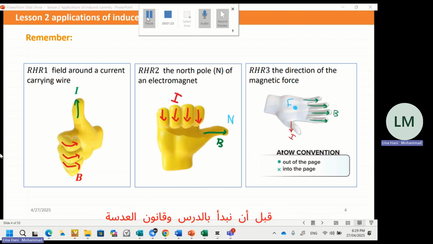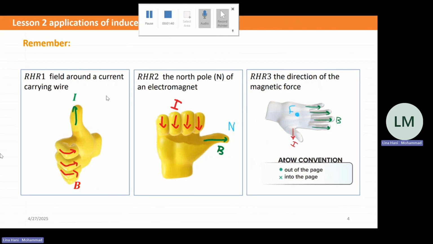Before we start with the lesson and Lenz's law, you must remember the three right-hand rules that we have taken in term 1. The first right-hand rule was to find the direction of the magnetic field around a current-carrying wire. In this rule, we will have a current-carrying wire.